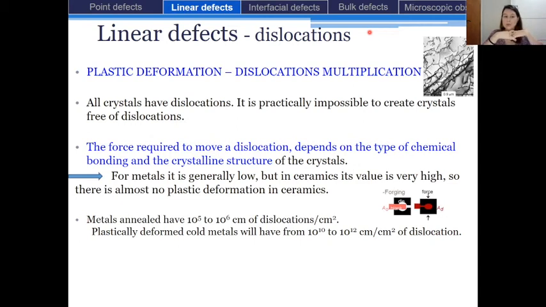That's why we make this relationship between the difficulty to move a dislocation, which means the force required to move it, and the crystalline structure of crystals.